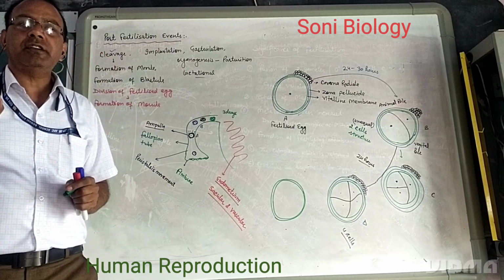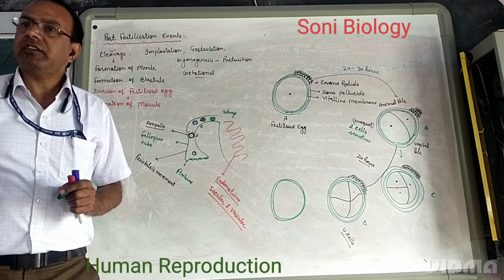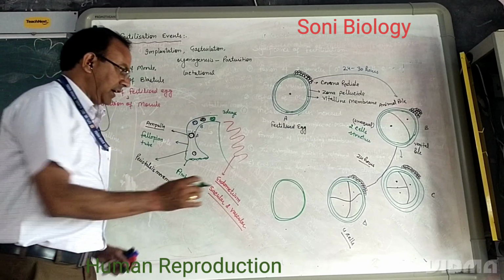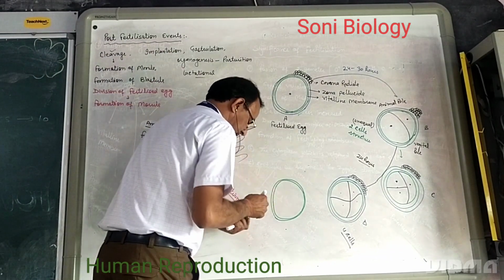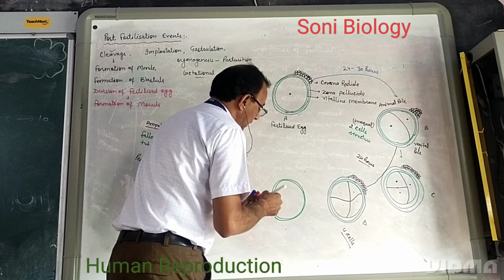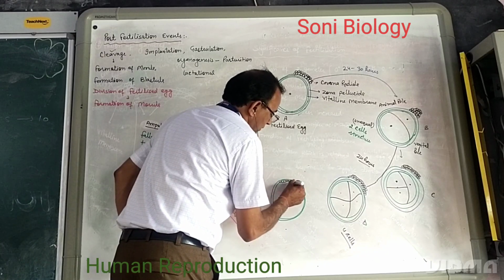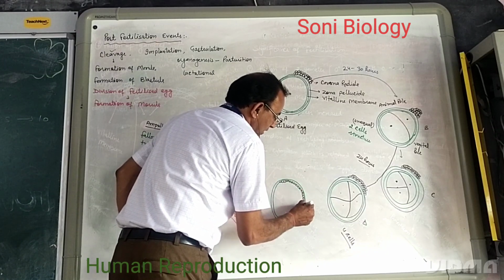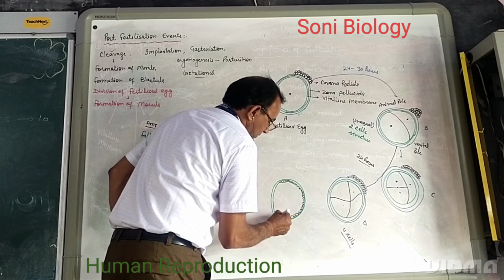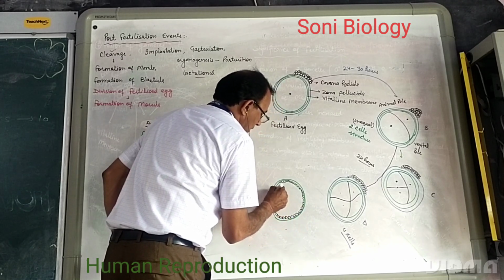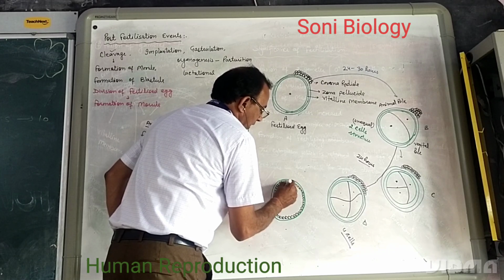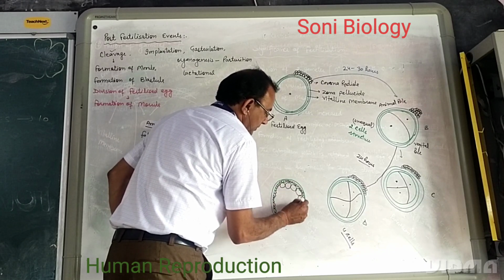Mostly it is found at 16 cells, otherwise 32 cells. The smaller cells come closer to the outer membrane. These are flat, and the inner ones are larger.